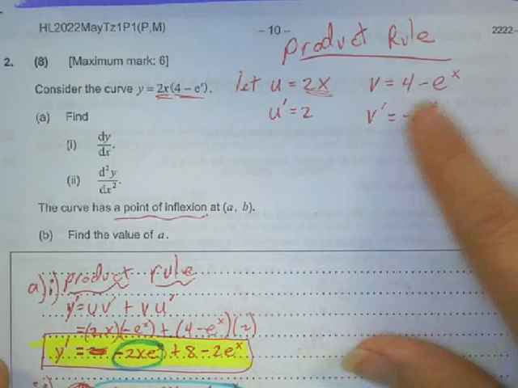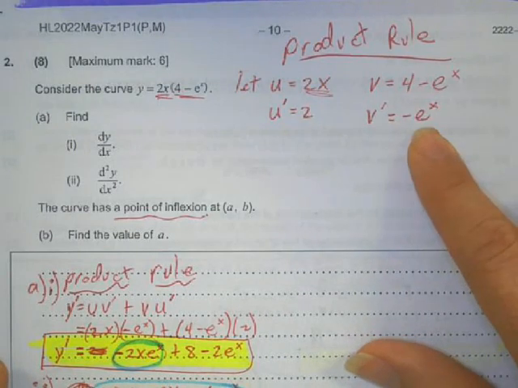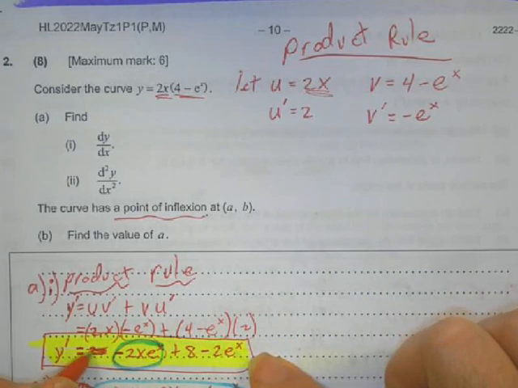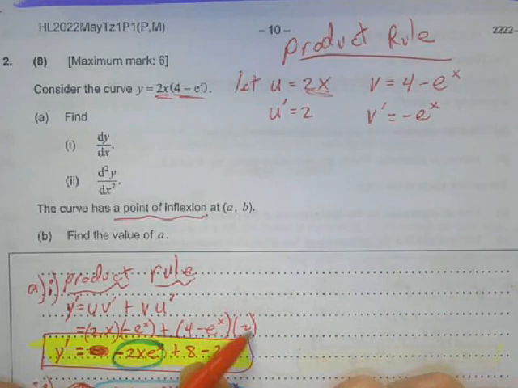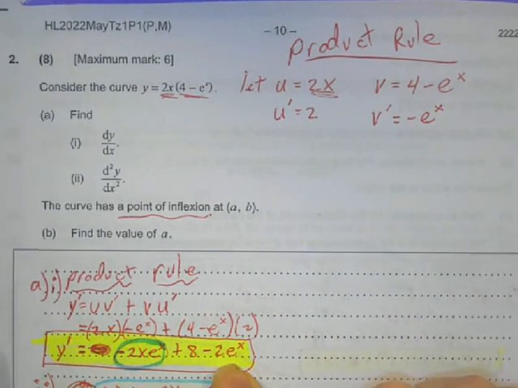The derivative of 4 minus e to the x is negative e to the x. So once I do product rule, I end up with negative 2e to the x, and then this. So I did the distributive property with the 4, and then I get plus 8 and minus 2e to the x. Hit pause if you need to copy this down or think about it.